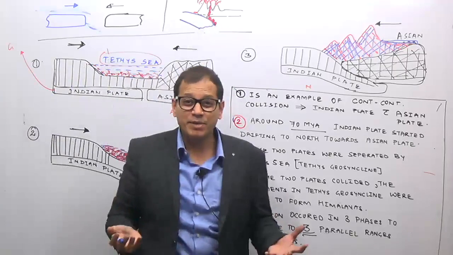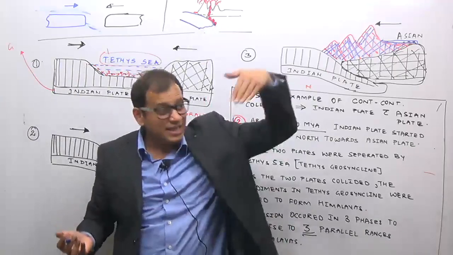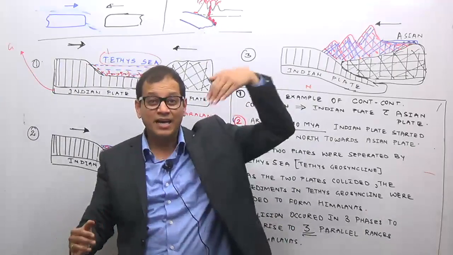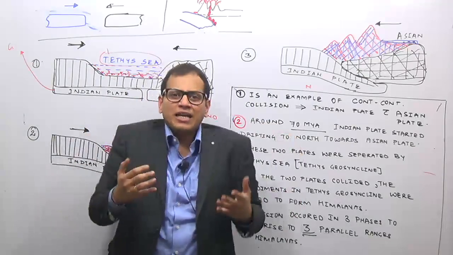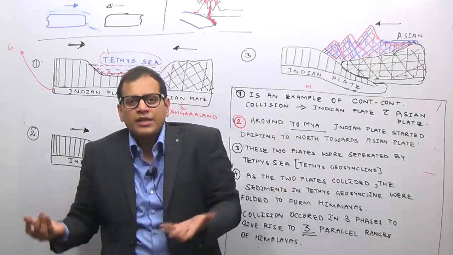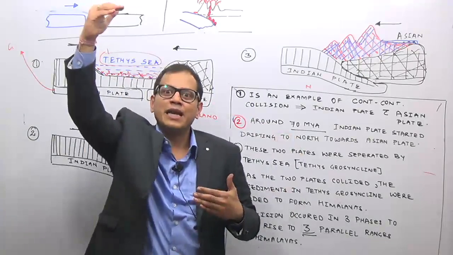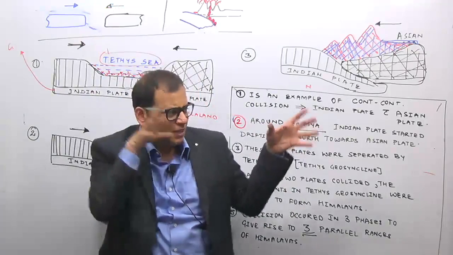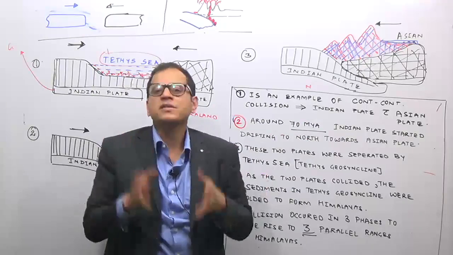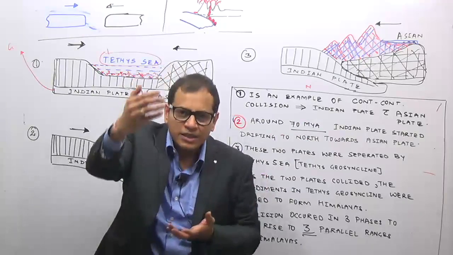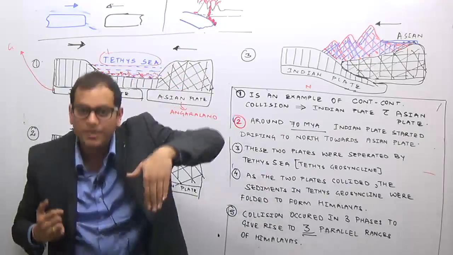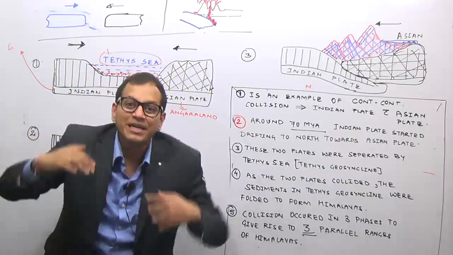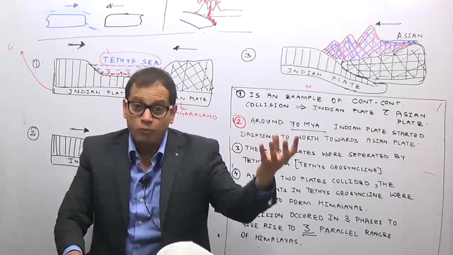Because it is very dense and has high weight, while the continental plates are lighter, so they climb up. If something is dense and something is light, obviously the lighter thing will float on the denser thing. So the oceanic plate, being denser, goes below inside the mantle, and the continental plate, being lighter, floats upwards.